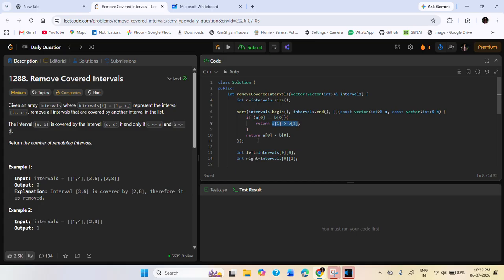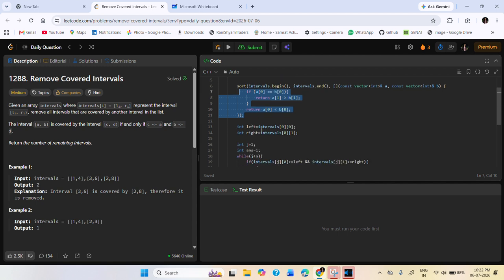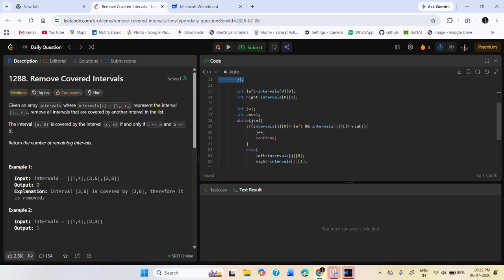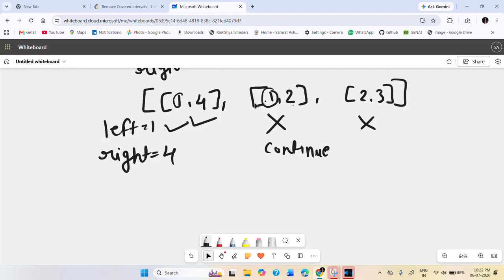It will sort the intervals as per our requirement. In the left value we store intervals[0][0], and in the right value intervals[0][1], and we start our j pointer from the first index.